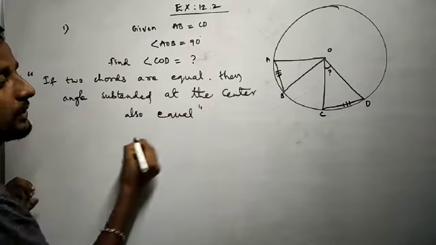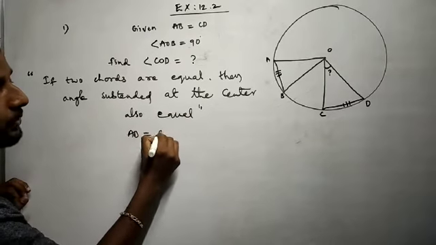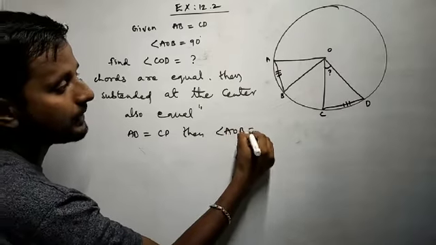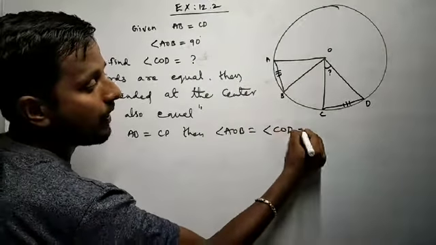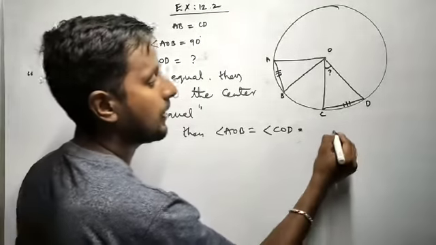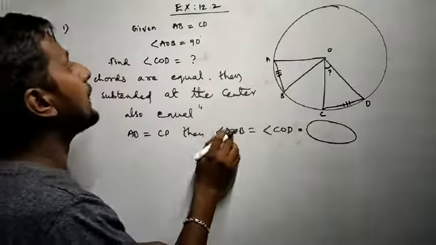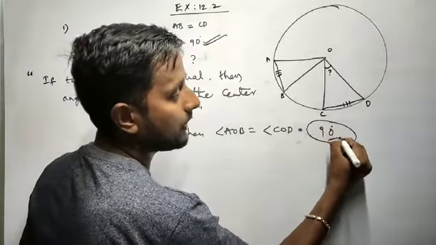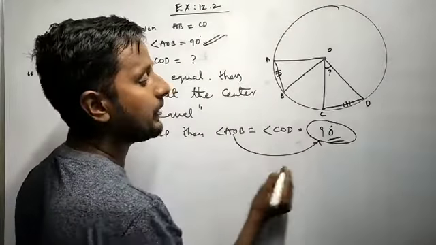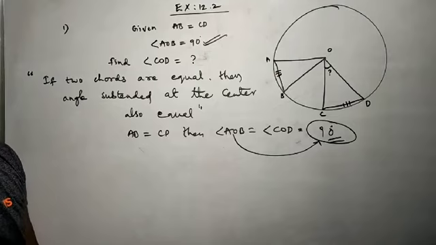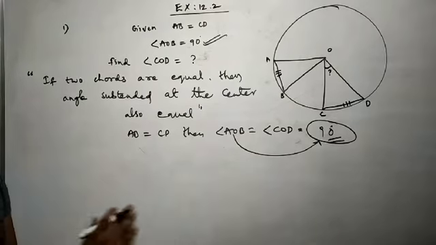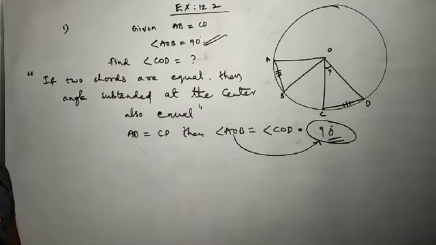So simple, if AB is equal to CD, then angle AOB is equal to angle COD. We already know angle AOB is given as 90 degrees, so angle COD is also 90 degrees. This is the given information and proof of the first problem.